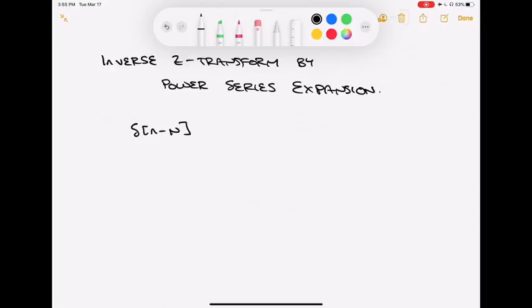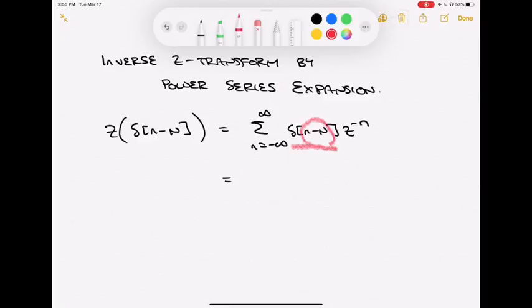If I went ahead and did the z transform of this, by definition, that is a summation going from minus infinity to infinity, put in that function delta of n minus cap N, weighted by z to the minus little n. In this particular case, this delta function is non-zero only at a single point, when n minus cap N is equal to 0, or n equals cap N. That's the only term out of that sum that survives.